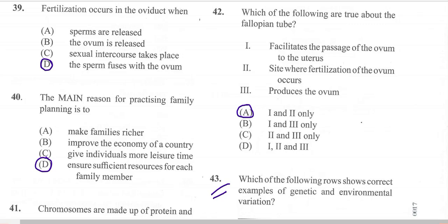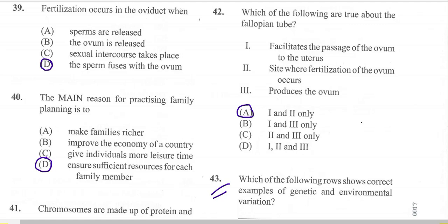C, it gives individuals more leisure time. I know persons who have a lot of children and they still have a lot of leisure time. And I know persons who don't have any kids and they don't have any leisure time. So our best answer here is going to be D. It ensures sufficient resources for each family member.